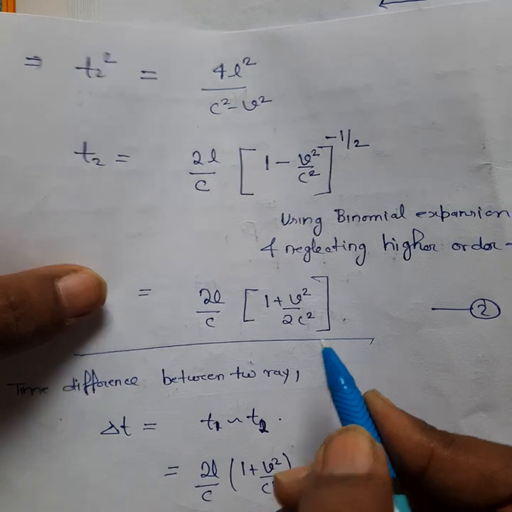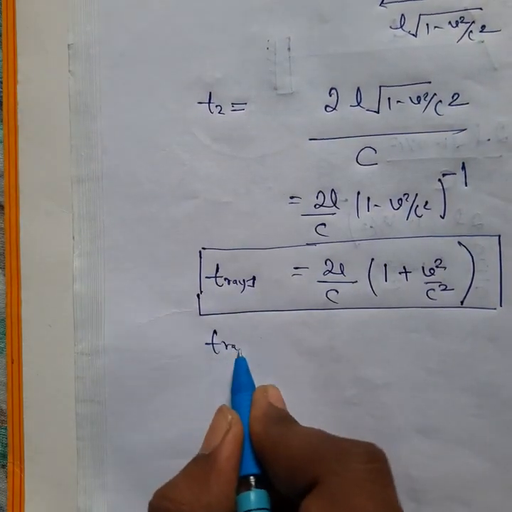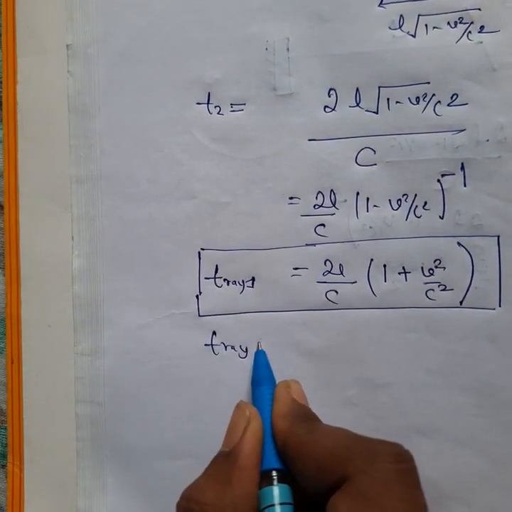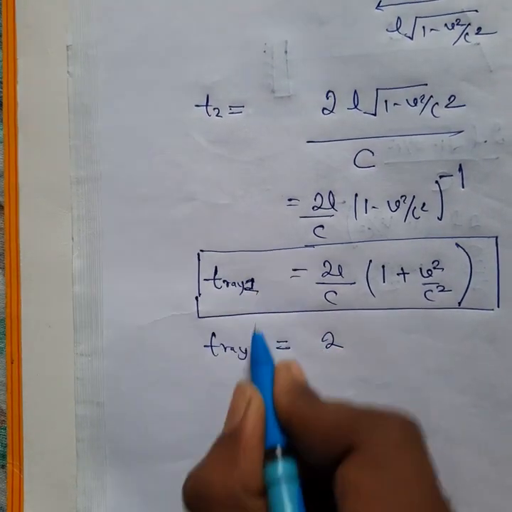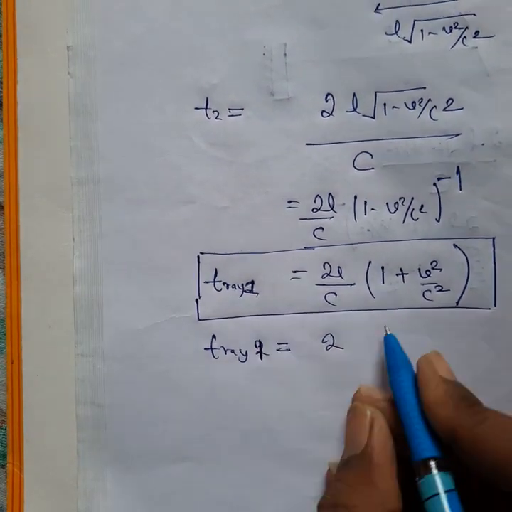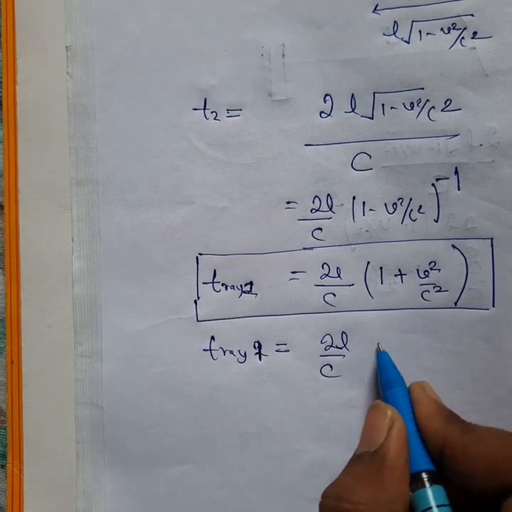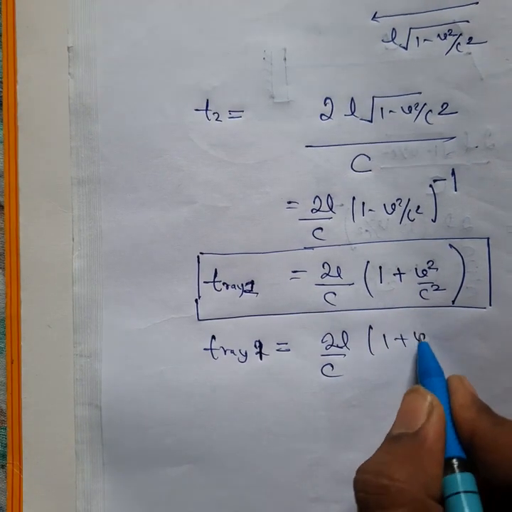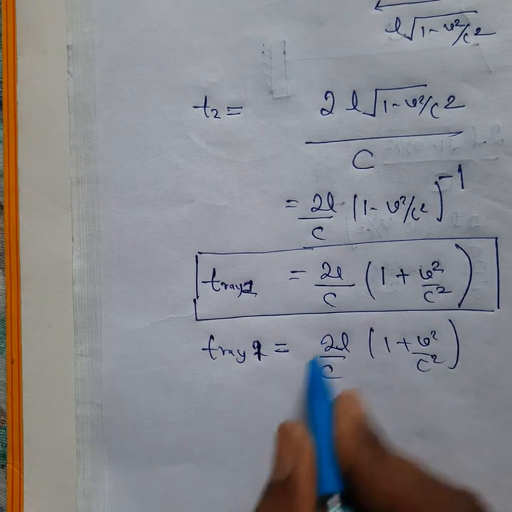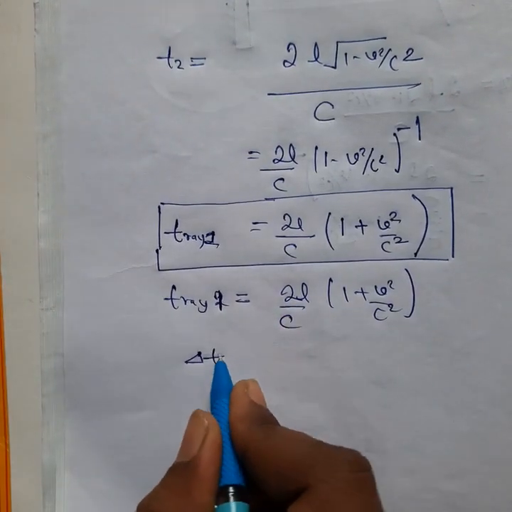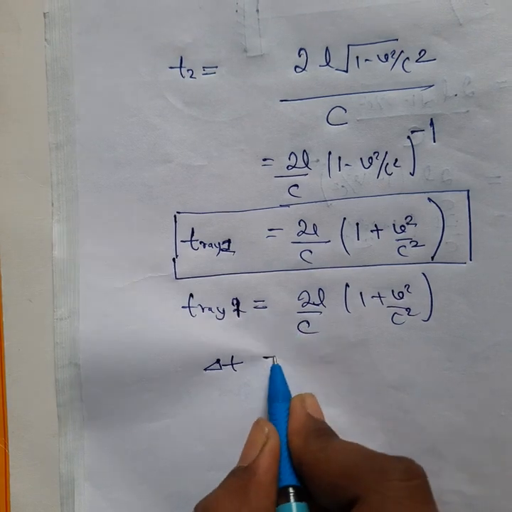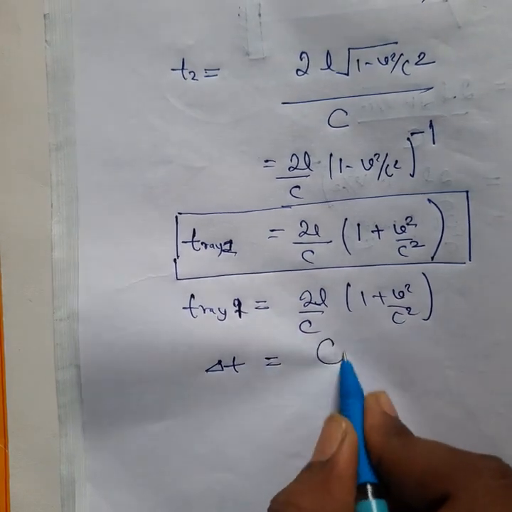1 plus v square by 2c square. So the time taken by ray 1, ray 2, sorry, this is for ray 2 and this is for ray 1, is equal to 2L by c 1 plus v square by c square. You see that both the times are the same, so the time difference between these two rays is equal to 0.